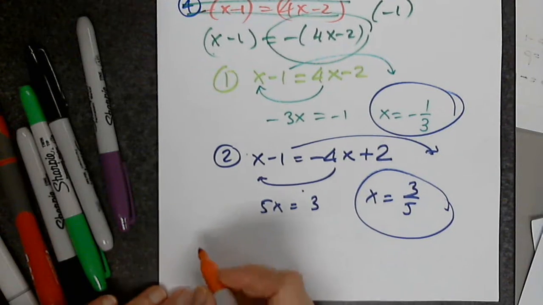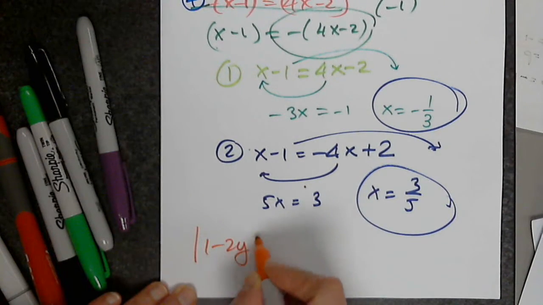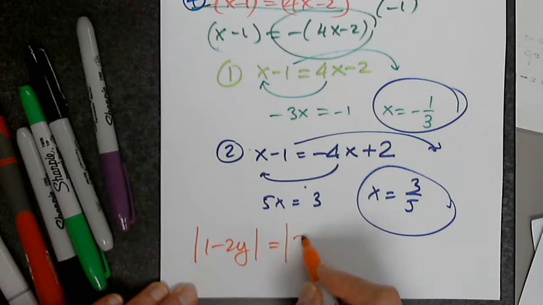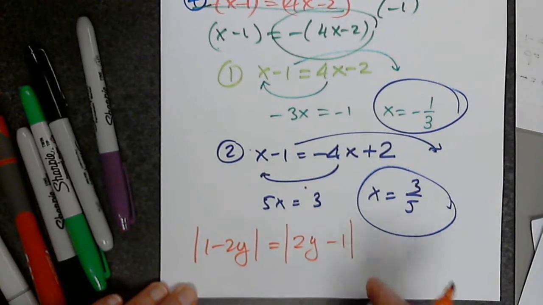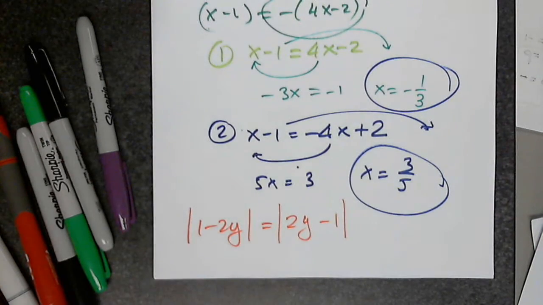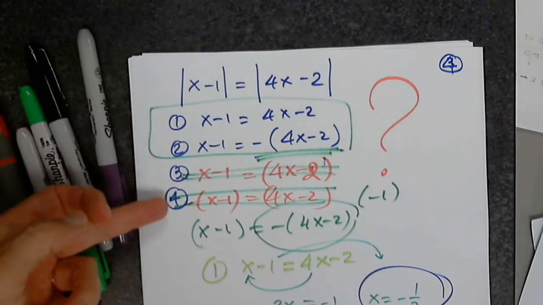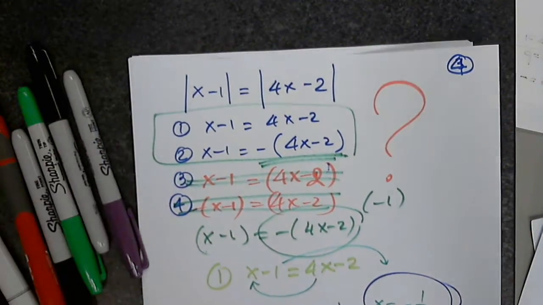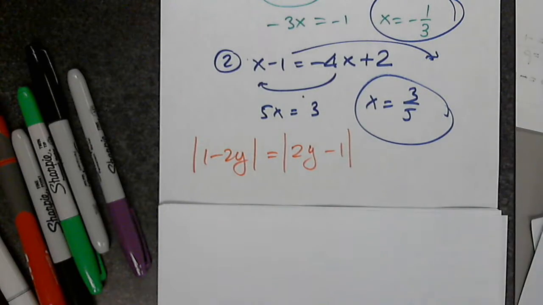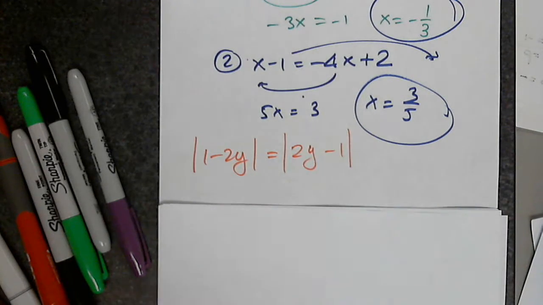Okay, so now let me come up with an example for the fourth possibility before we look in the book. Let's say this is 1 minus 2y equals the absolute value of 2y minus 1. Can anyone dictate? Although we would be tempted to write 4 different situations, we already know there are only 2 distinct. Can anyone give us an idea of how to proceed?